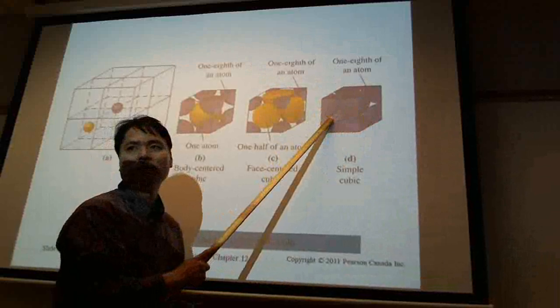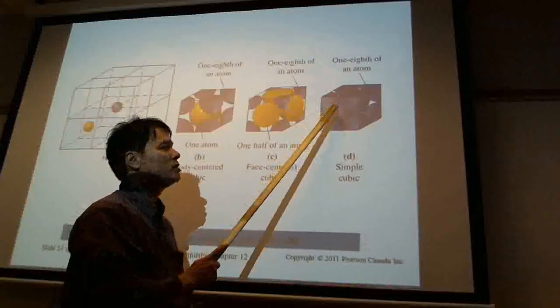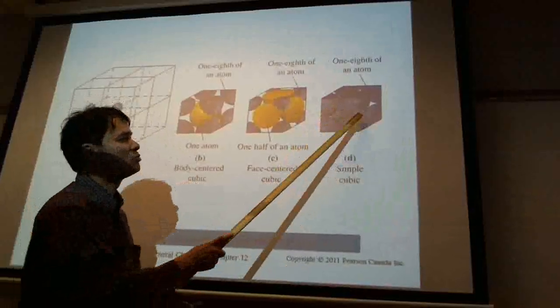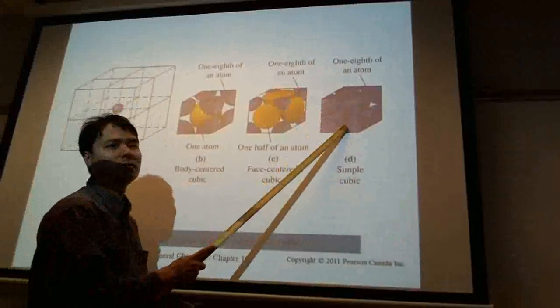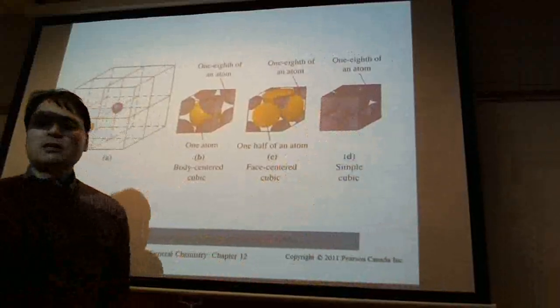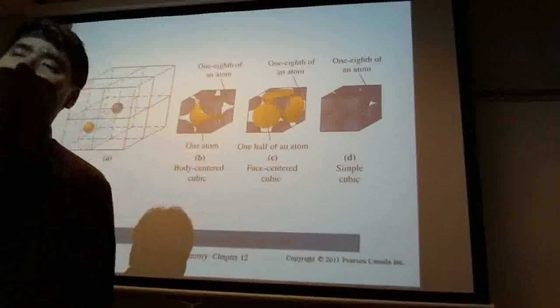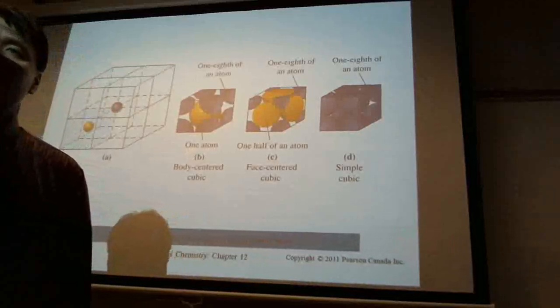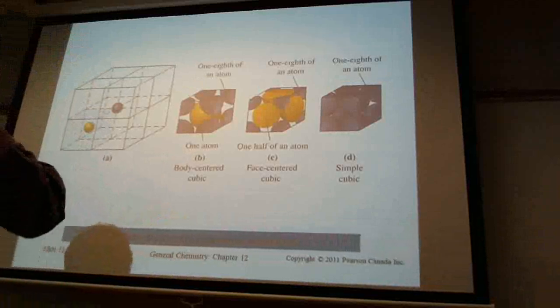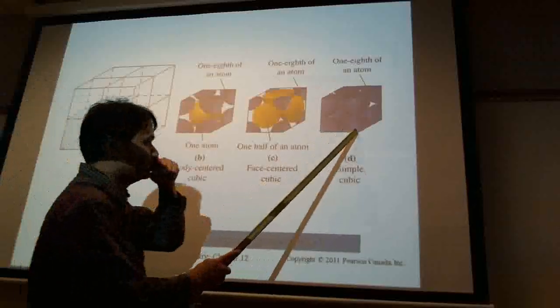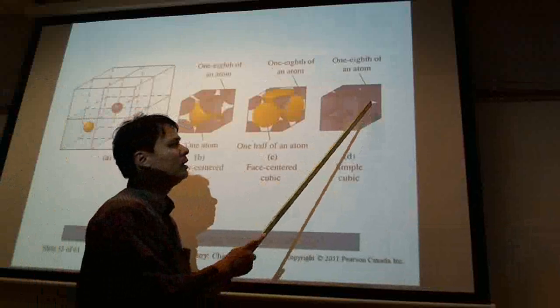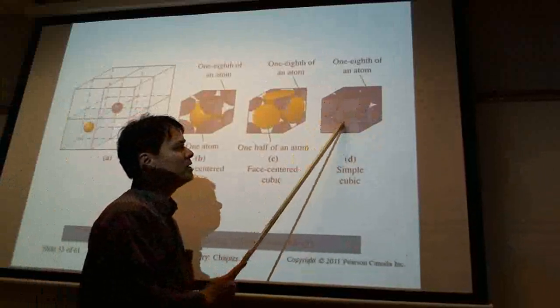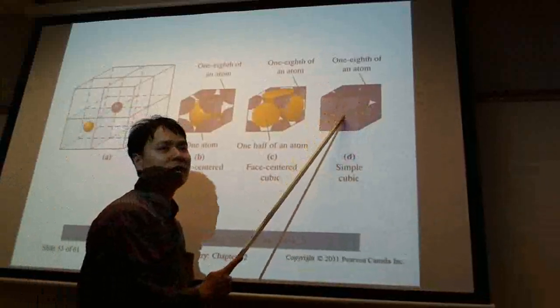It turns out there's 1 atom per unit cell. There's something else we can calculate easily. If we know we have 1 atom, what's the volume of that atom? The volume of the atom is 4/3 pi r cubed. So all we need is the radius, and then we can calculate the amount of space in this cube that's occupied by the atom.